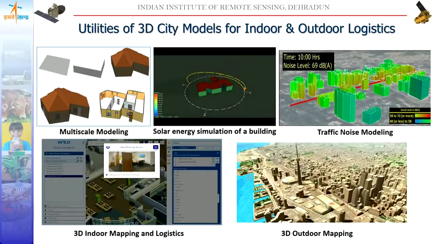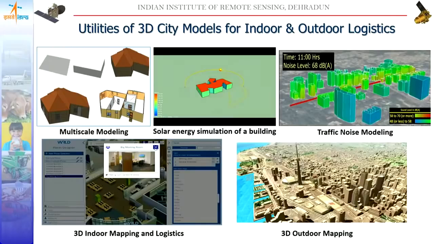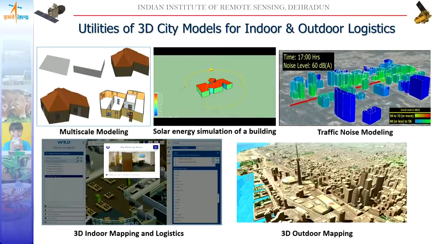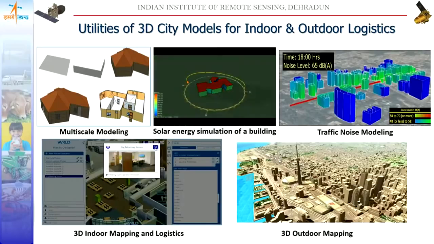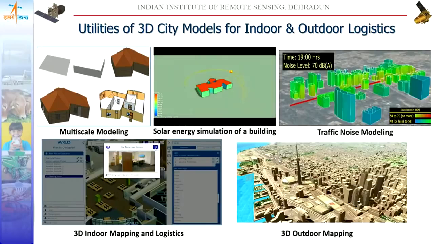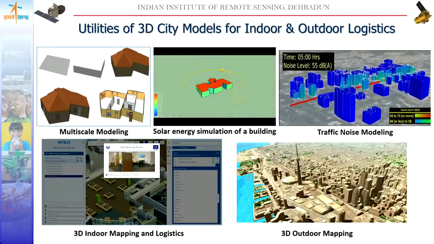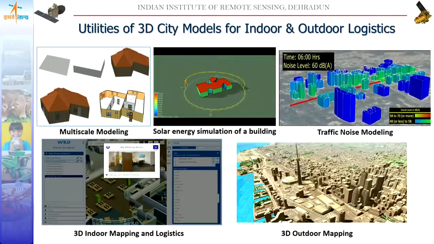These types of 3D indoor logistics models can be created for all your warehouses, because it is not possible manually to really monitor all your different supply items. The individual packets or individual containers can directly be linked with RFID or Wi-Fi, so that you are able to manage those things on a dashboard.